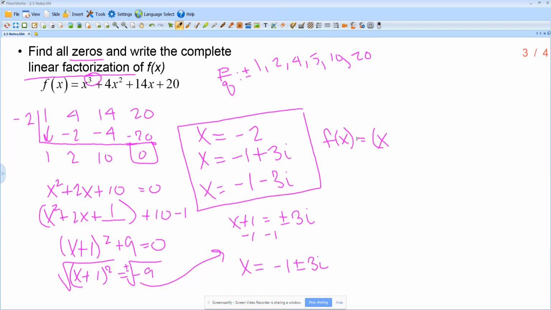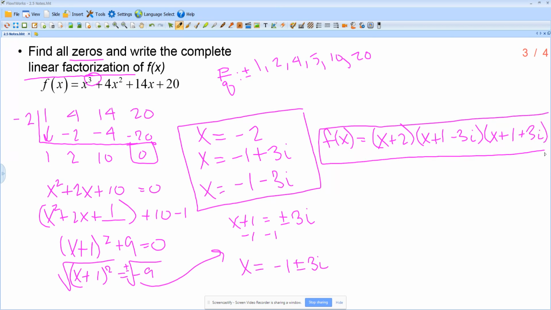So I'm going to have x minus -2 becomes plus 2, x minus -1 plus 3i becomes x plus 1 minus 3i, x minus -1 minus 3i becomes x plus 1 plus 3i. So that is my linear factorization. It's factored in a way where everything is a linear factor.